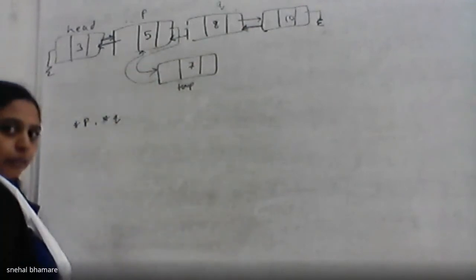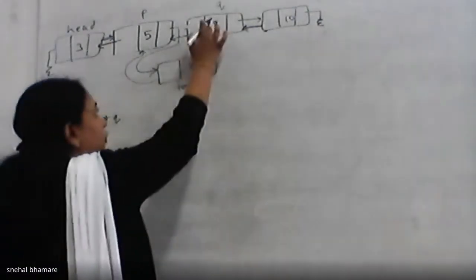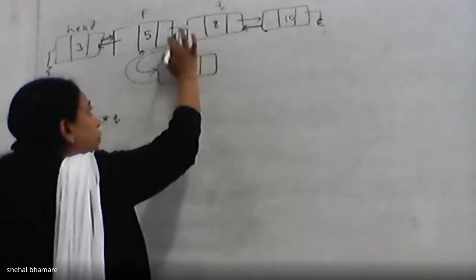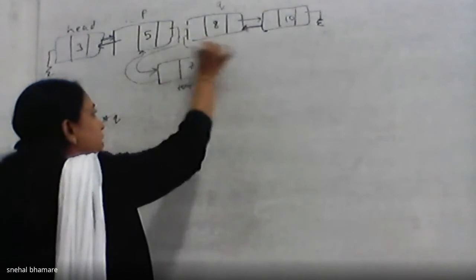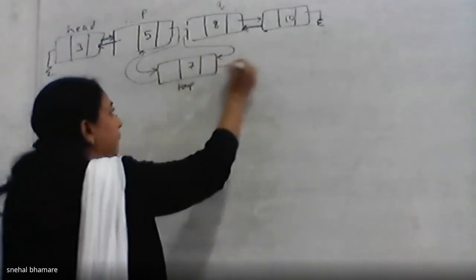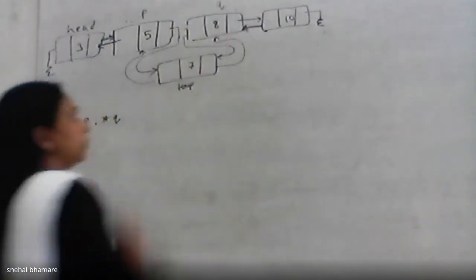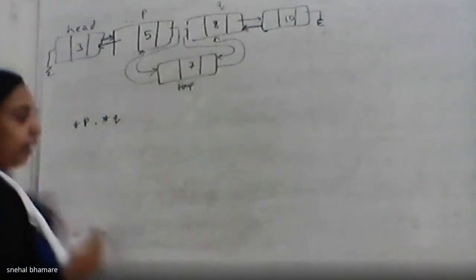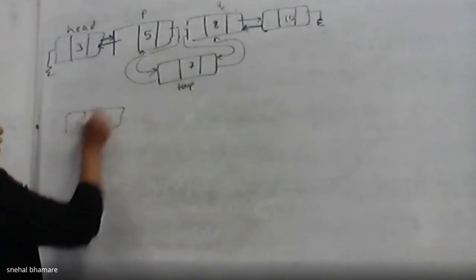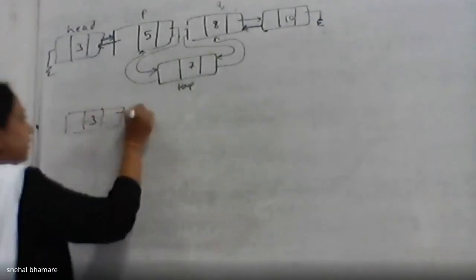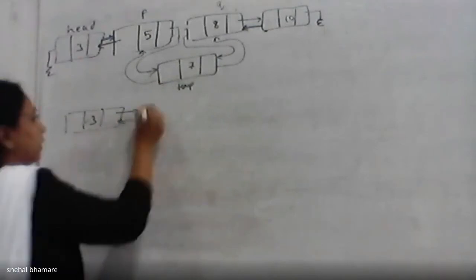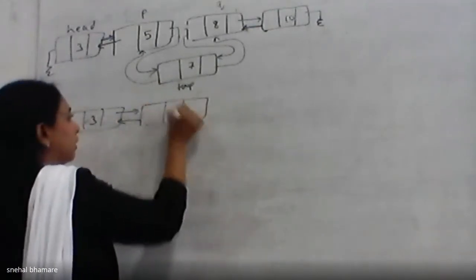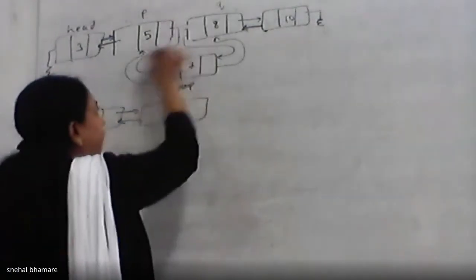Right? After that, this was Q. Q previous is equal to temp and temp next is equal to Q. And automatically this node is going to get inserted over here. And after inserting that node, your linked list will be like this. 5 next is 7.